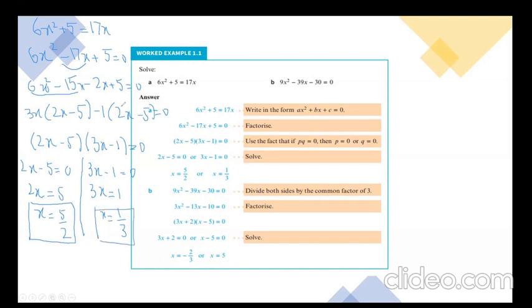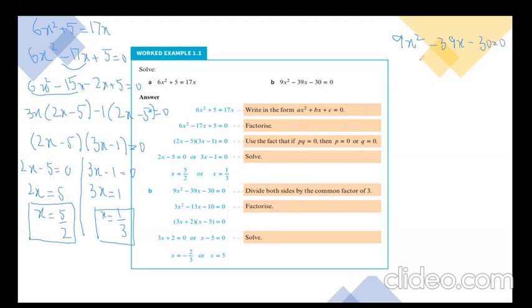So from this equation, these are the roots or the variable values, x equals 5 by 2 and x equals 1 by 3. Now in the second equation, 9x square minus 39x minus 30 equals 0.